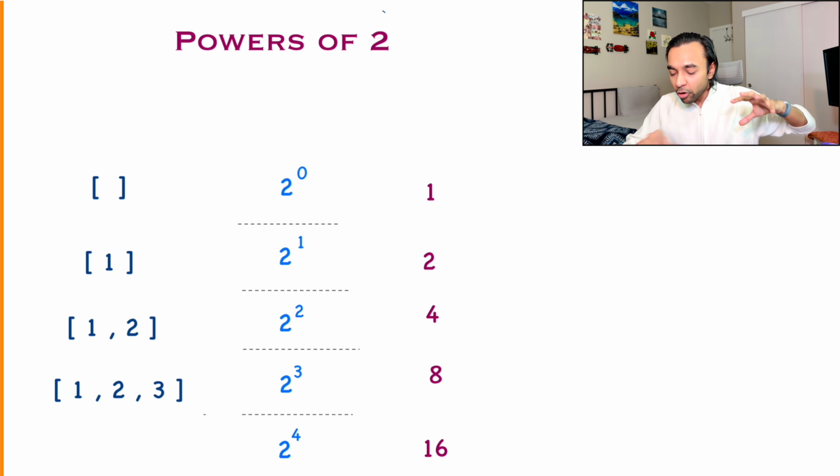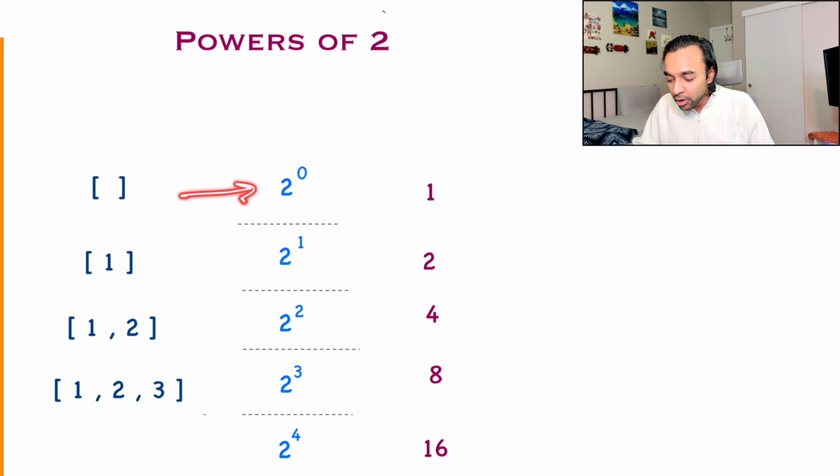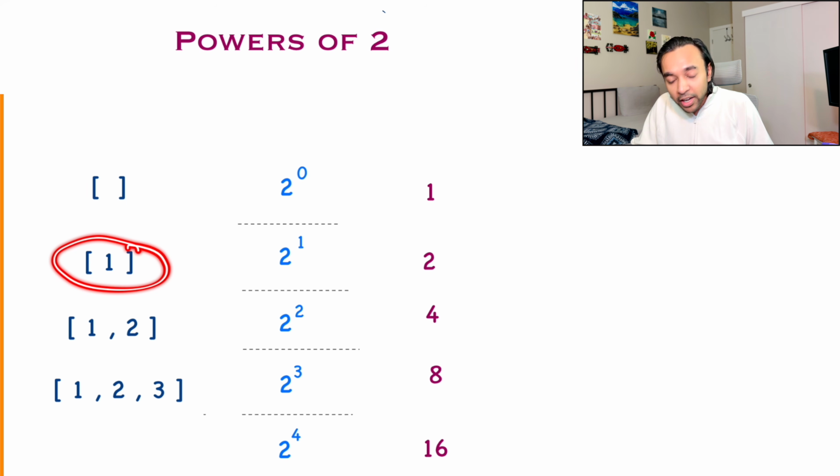Well, before going there, we need to understand what is happening with the value of n and the total number of sets possible. As you might have already observed, when I look at the powers of 2, if I don't have any element, what does it mean? It means 2 to the power of 0, and it simply means that I will have only one set possible. That is the only subset. What if I have one element?